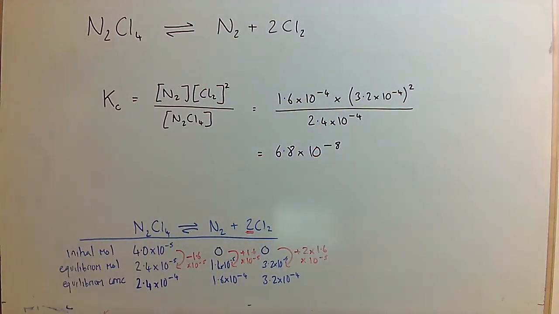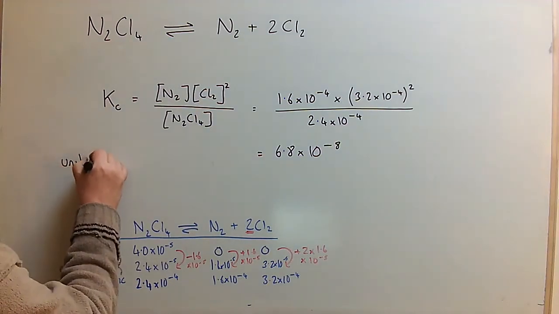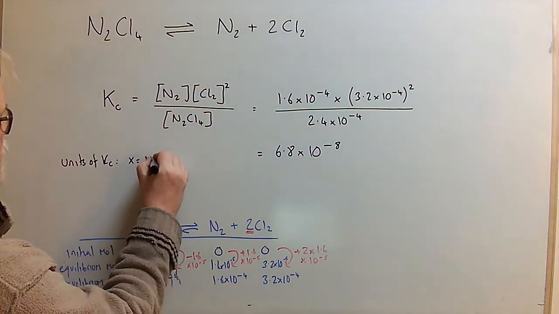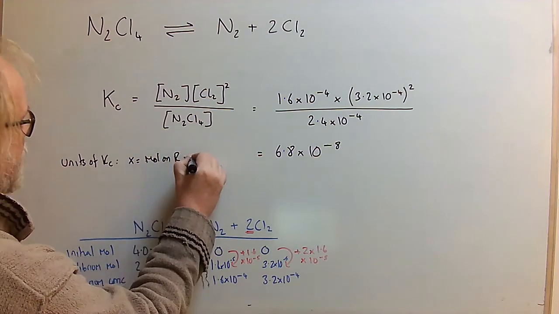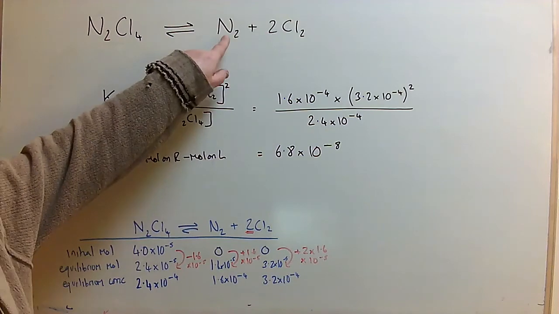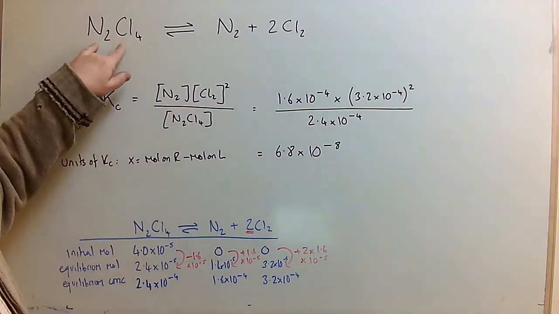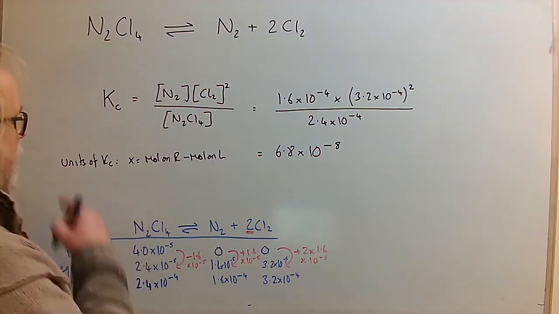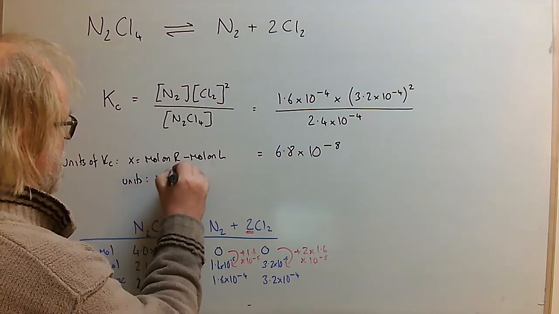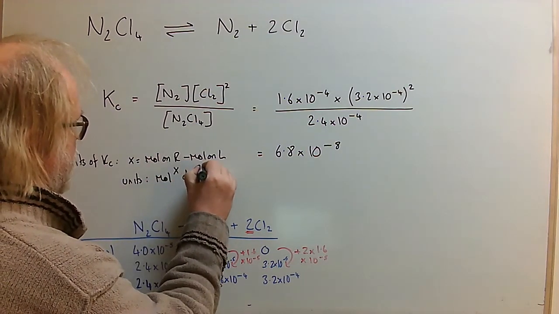Now that will have units, and remember that for Kc the easy way to do the units is to remember that if you let x equal moles on the right minus moles on the left in your equation, so in this case that would be 1 plus 2 is 3 on the right minus 1 on the left, if you let that equal x, then the units are just moles to the x dm to the 3x minus 3.